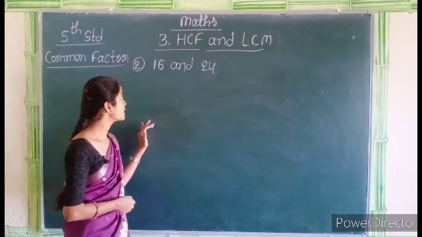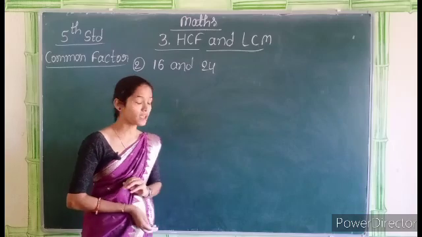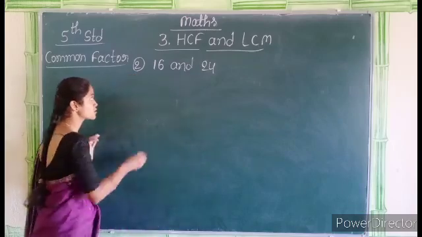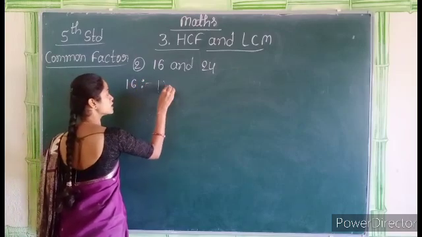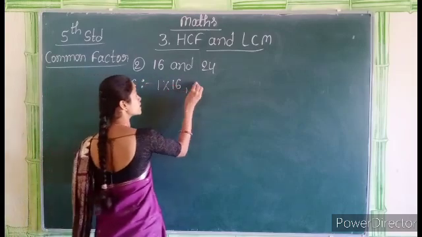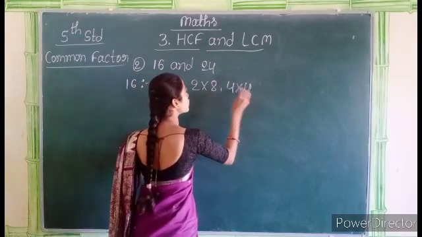Here we have to find out the common factor for 16 and 24. Okay, first we have to find out the factors for 16 and 24. 16, 1 into 16, then 2 into 8, then 4 into 4.